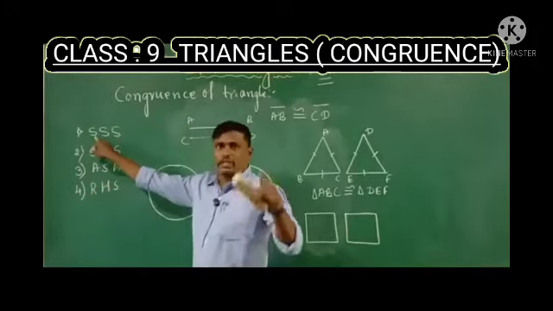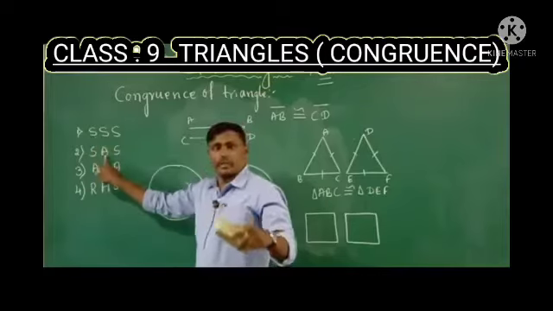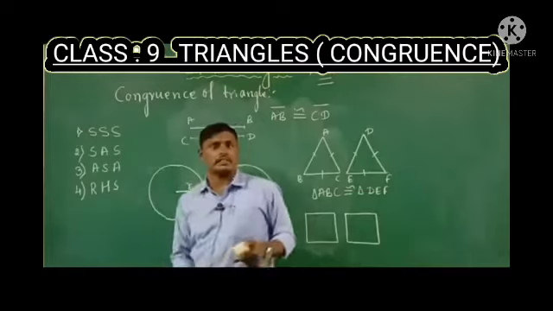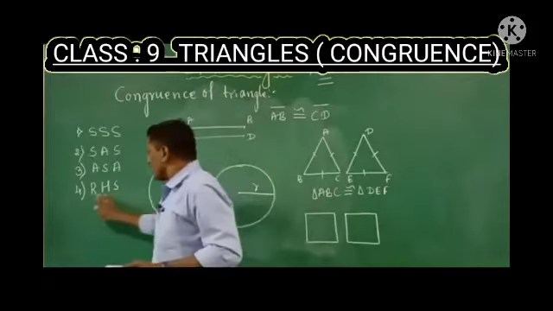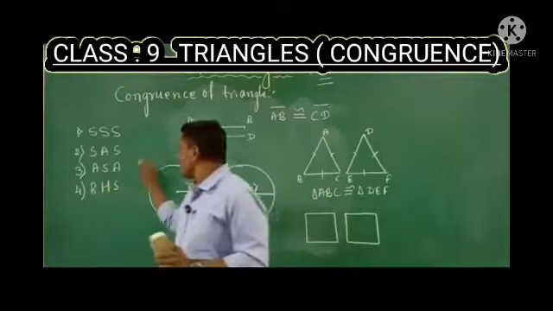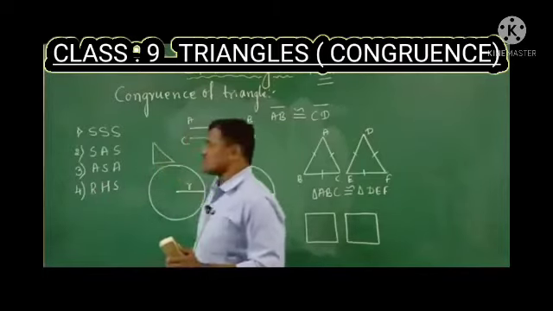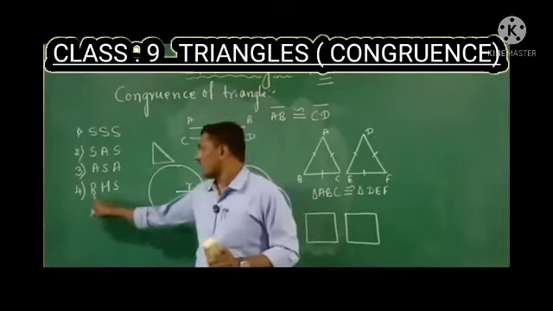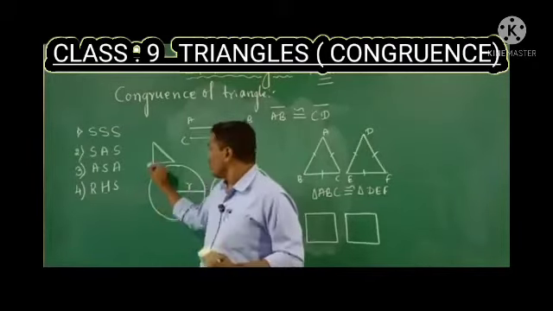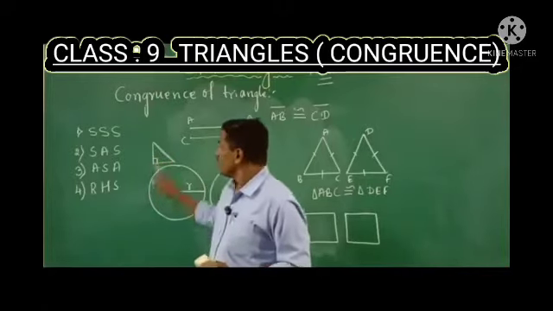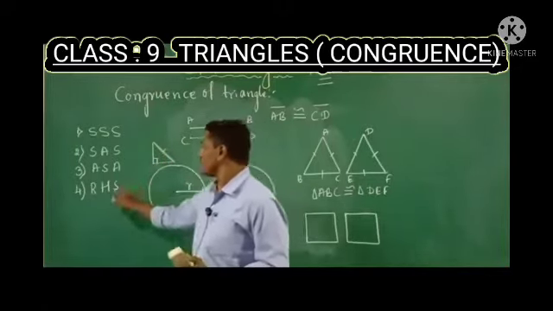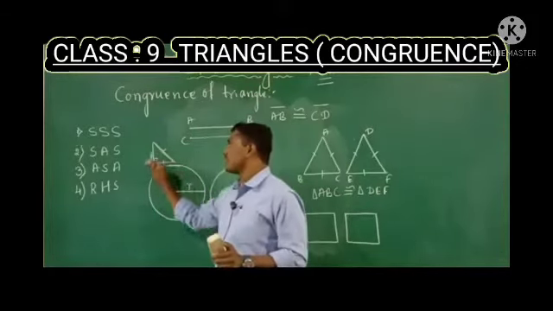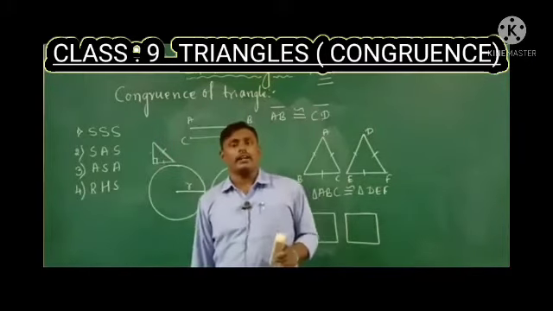In that, S means sides of the triangle, A means angles of the triangle, and RHS is a congruence criteria particular to right angle triangles. This criteria is used only for right angle triangles. R means right angle, H means hypotenuse, and S means any one side of the right angle, either the adjacent side or the opposite side of the right angle triangle.